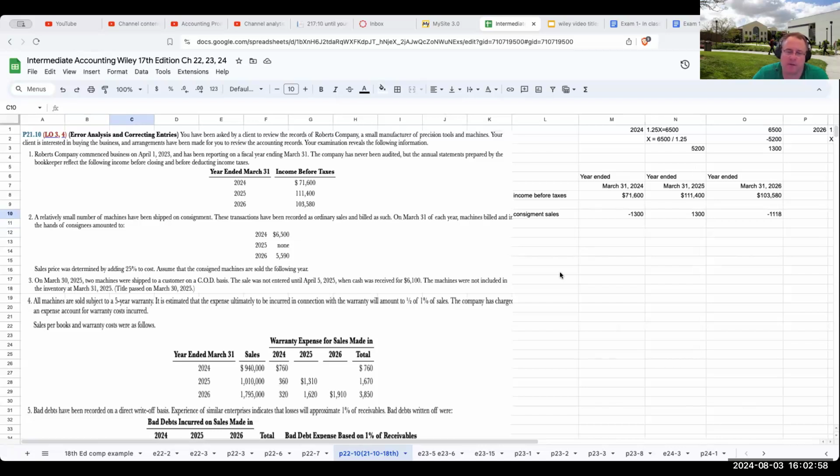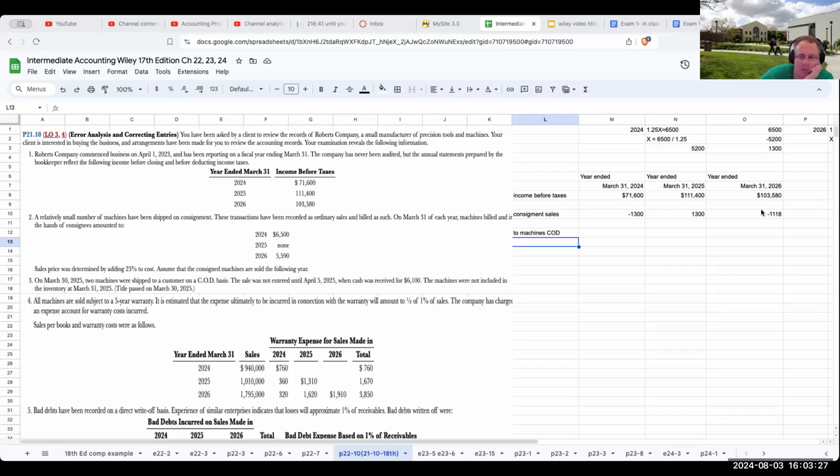Okay, so coming over here, number 3. On March 25th, there were 2 machines shipped to a customer on a COD basis. That basically means cash on delivery. The sale was not entered until April 5th, 2025, when the cash was received for 6,100.